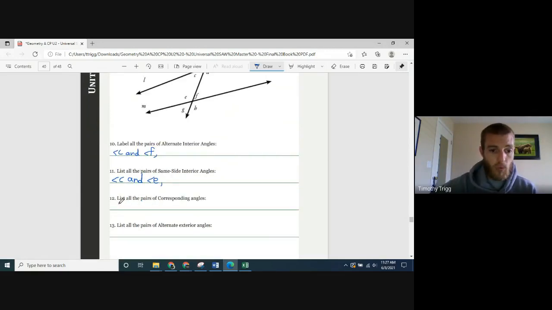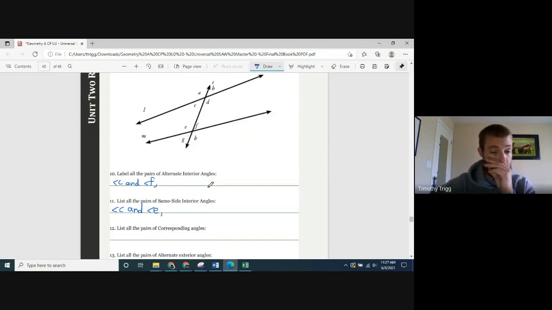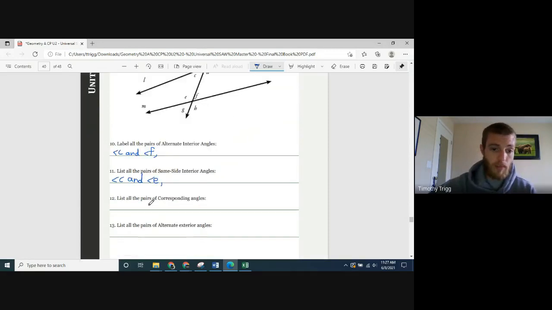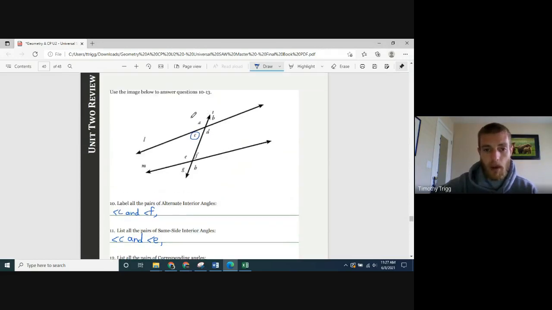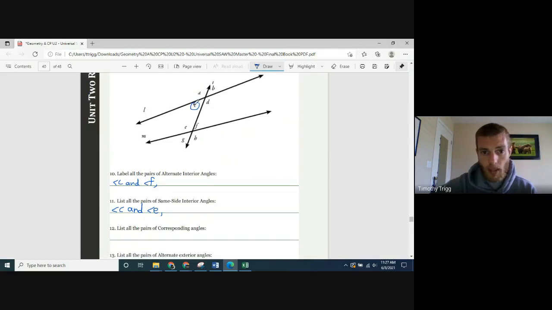Next, question 12. List all pairs of corresponding angles. So corresponding angles, a little bit different. There's going to be 4 pairs of corresponding angles in total. Let's go over one pair. So angle C, what would be its corresponding? Well, the way I think of corresponding is like when I look at these 4 angles here, A, B, C, and D, each of them has a corresponding one over here.